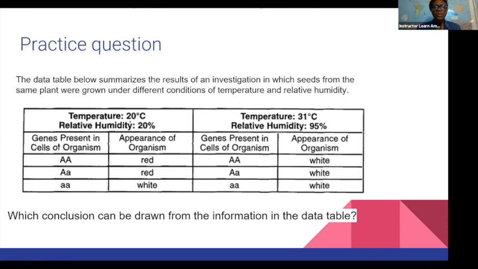Humidity is 20% versus 95%. The genes are represented here as genotypes AA, big A small a, small a small a. And it's showing the phenotype as red, red, white, whereas in the other environment, those same genotypes are expressed as white, white, white. So what conclusion would you draw from this?